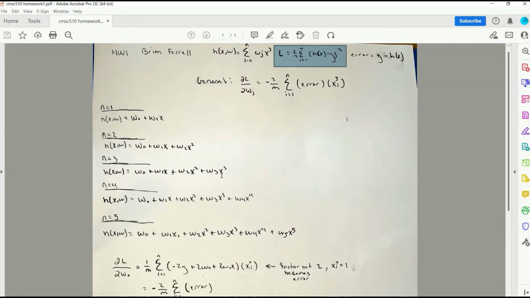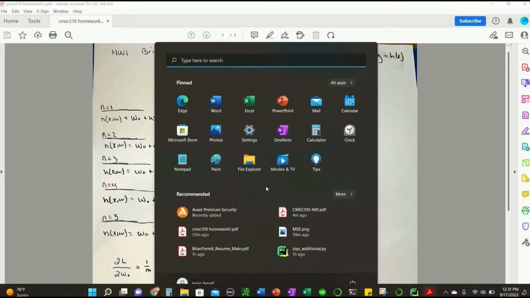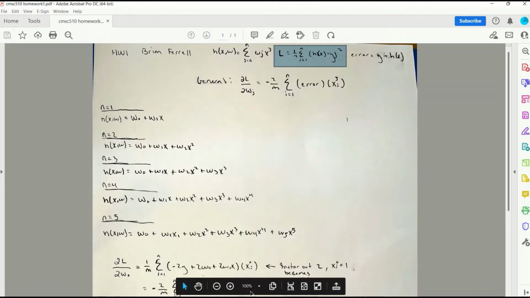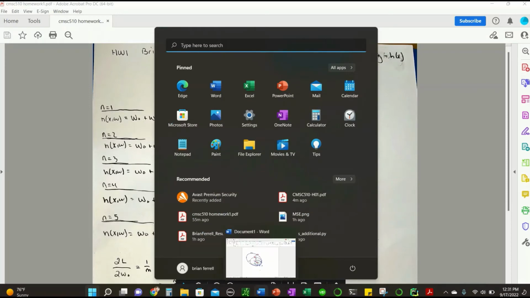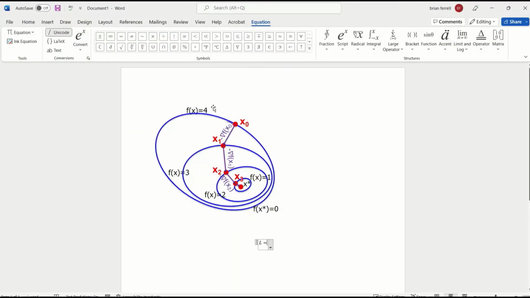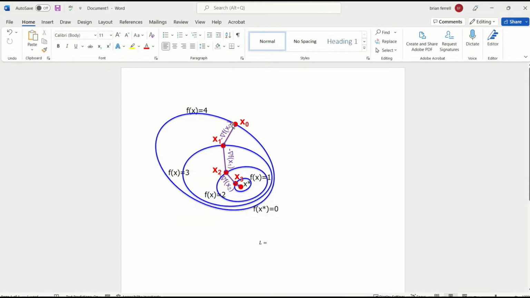This is an iterative process, so I can show an image of what it looks like. We start at some arbitrary point for a piece of data, calculate the loss, calculate the gradient with respect to the weights, and multiply it by the learning rate.